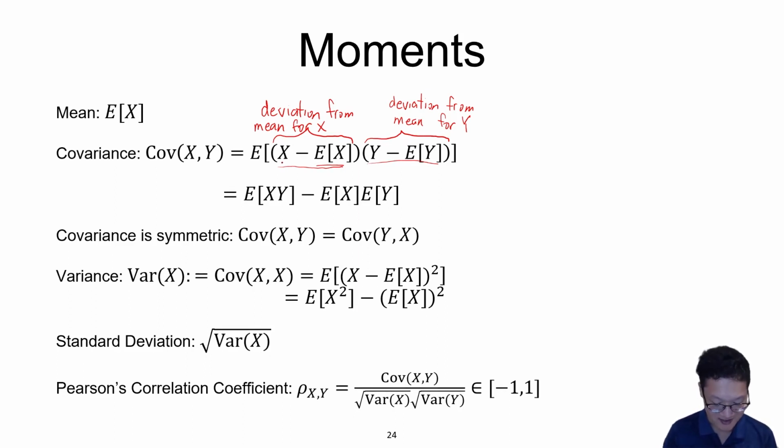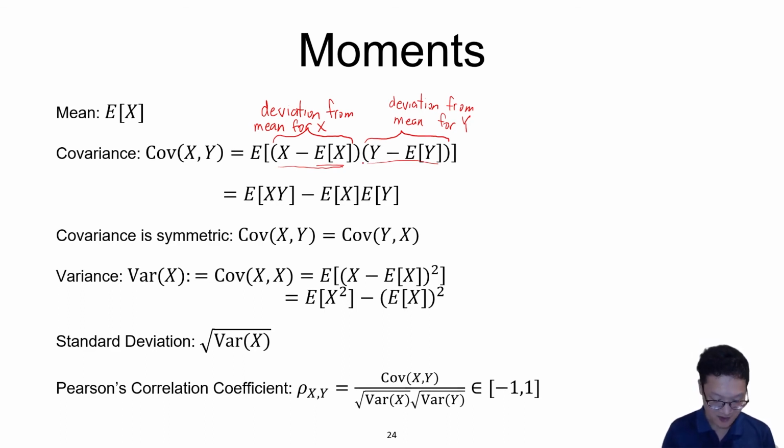Sometimes when x is above the mean, y may also be above the mean. And then sometimes when x is below the mean, y can happen to be below the mean as well, right? And we can have the other cases as well. Sometimes when x is above the mean, y is actually below its mean, and vice versa. Sometimes when x is below its mean, y might be above its mean.